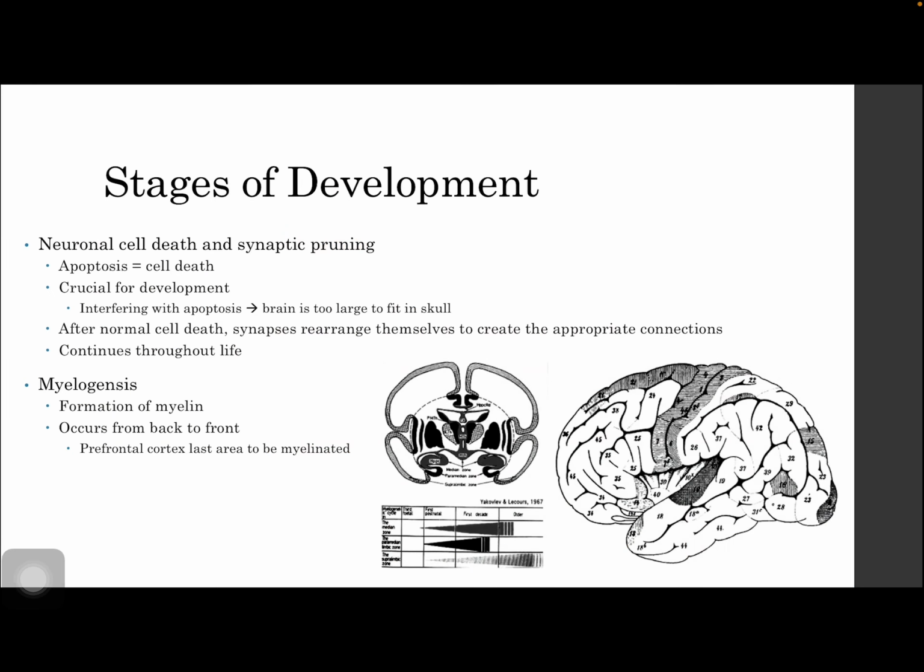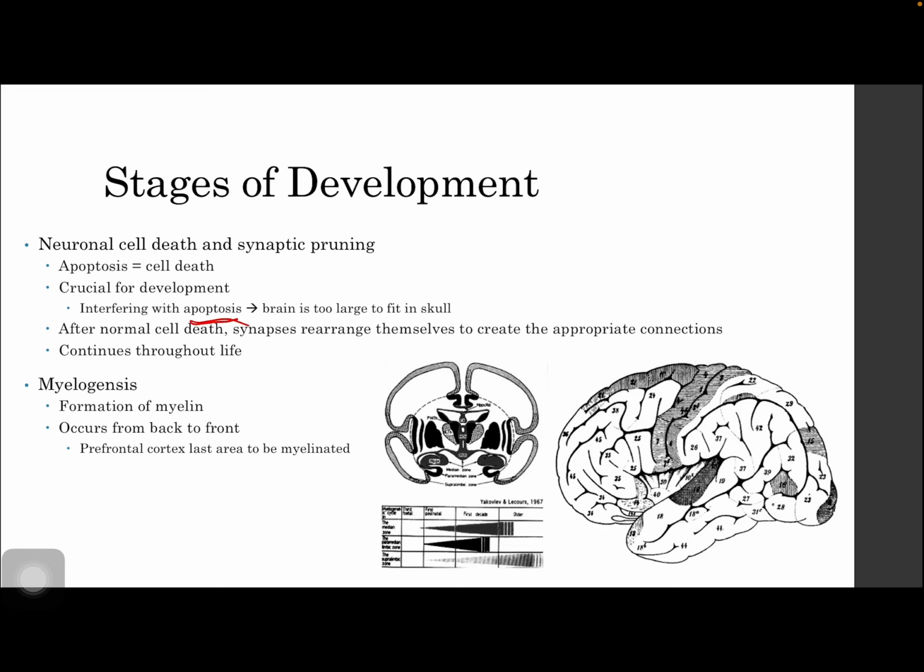Now, a little bit more about the neuronal cell death and synaptic pruning. So cell death is referred to as apoptosis. This is something that, again, is important in the process of development. For example, in order for a fetus or an infant to create new cells and new connections, sometimes those cells live their life and they die in order to allow for creation of other cells.